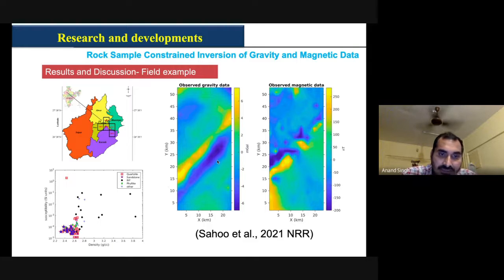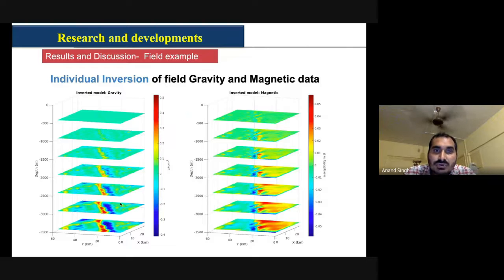What we have in our hand is that we also collected some rock samples from the field, and we measured the actual susceptibility and density values to further utilize our ML based approaches to improve that. So this one is the individual result of gravity, and this is the individual result of magnetic, which we got from that.